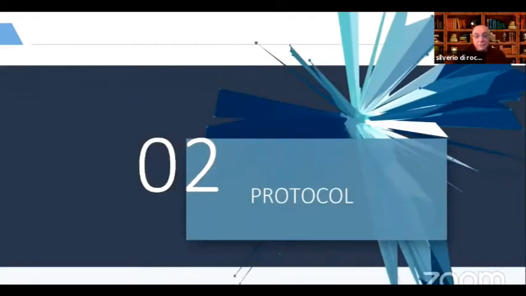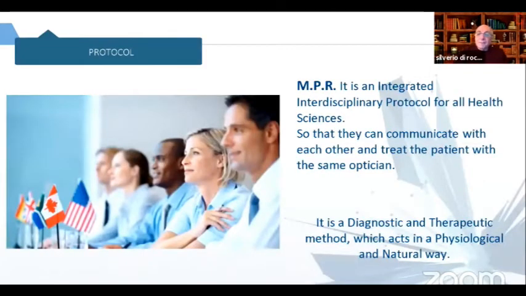After the introduction, we are talking now about the protocol. As I told you before, M.P.R. is not a technique, it's a method. It's a method to obtain a good result that uses different techniques. M.P.R. is really an integrated interdisciplinary protocol for all health sciences, so that they can communicate with each other to treat the patient with the same objective.